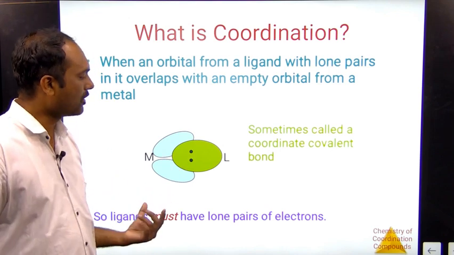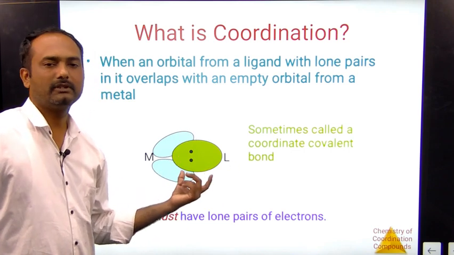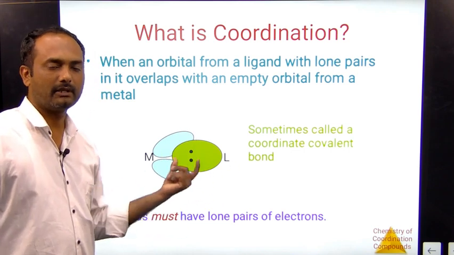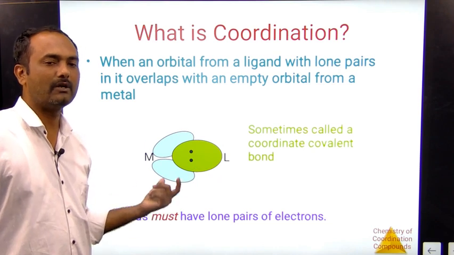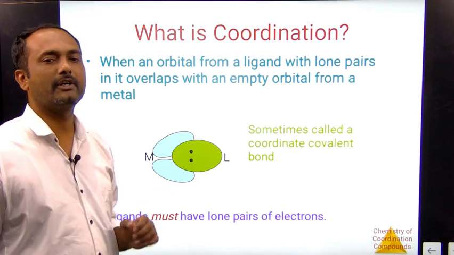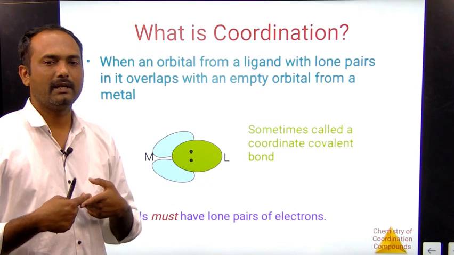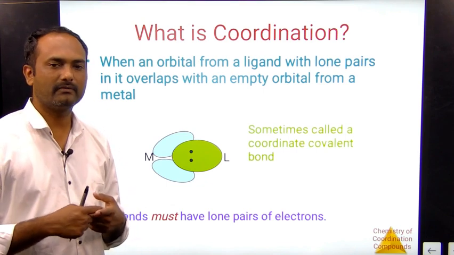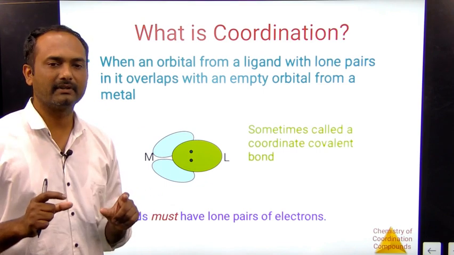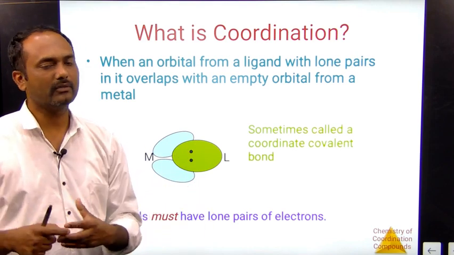Such a bond, where one single atom donates two electrons, a pair of electrons, to the other atom or element, is called a coordinate bond. Generally a bond needs two electrons, and if we take the example of a covalent bond, there is sharing of electrons: one electron from one atom and a second electron from the other atom.